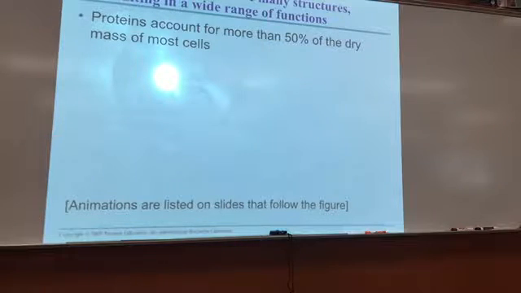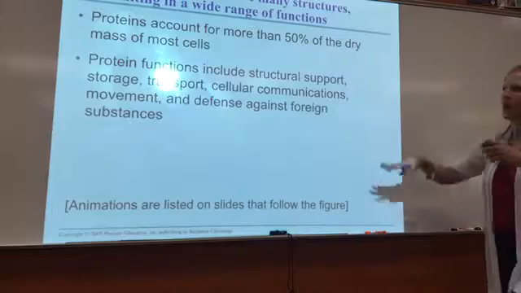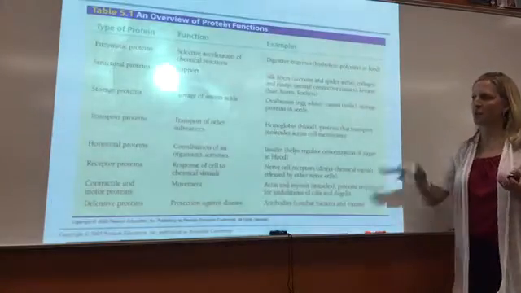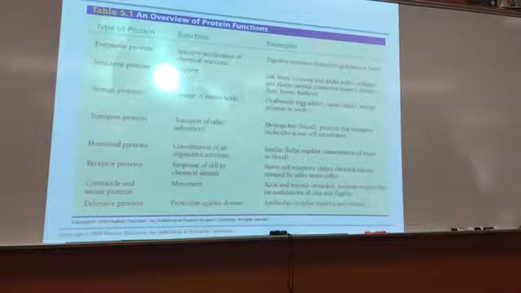And so if you look at other molecules besides water, proteins are a big portion of the cell. And so you can see that they have all these different types of functions. I just included this table here to give you an idea of the types of functions, and I just want to briefly talk about each one of them.